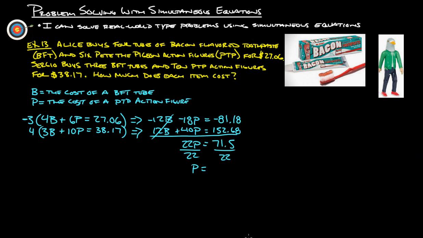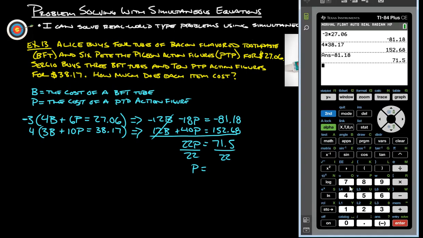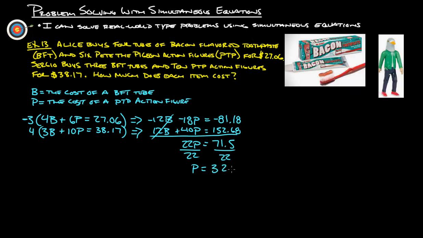And a Pete the Pigeon action figure is going to cost $3.25. Okay, so the cost of a Pete the Pigeon action figure, $3.25. That seems like that makes pretty good sense.